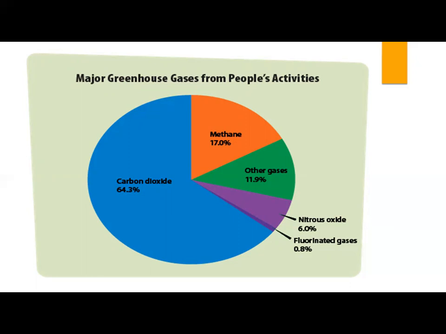We are producing 17.0% methane gas in our environment, and other gases are almost 11.9%, including nitrous oxide, which is 6.0%. All these gases are produced by our own activities. We are polluting our environment with these gases.